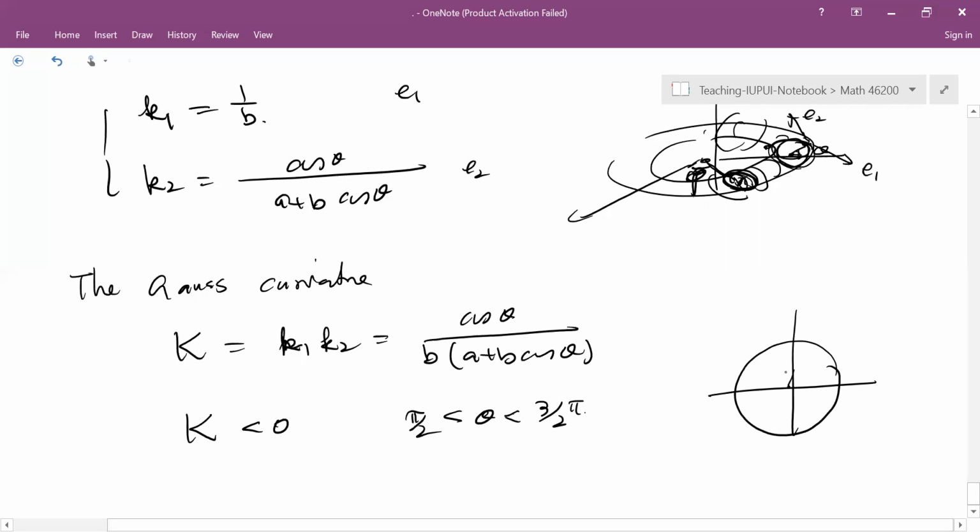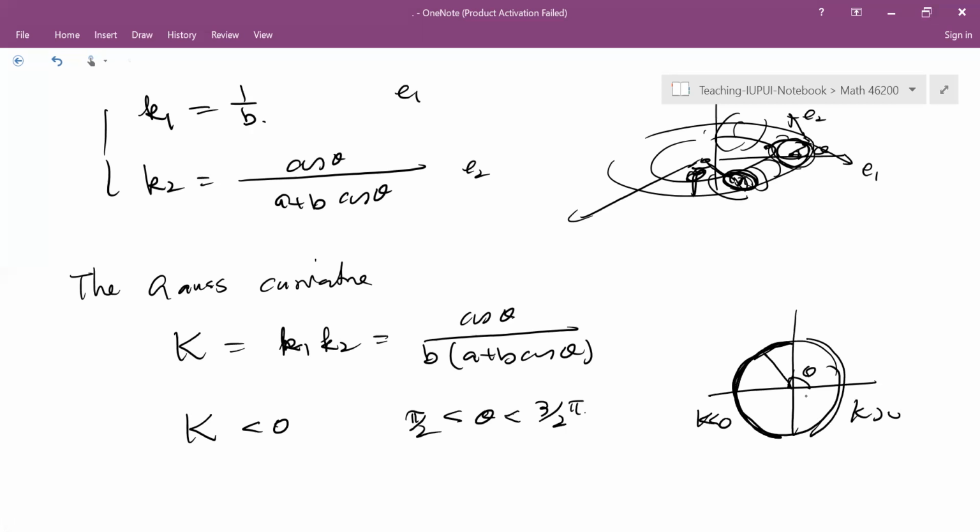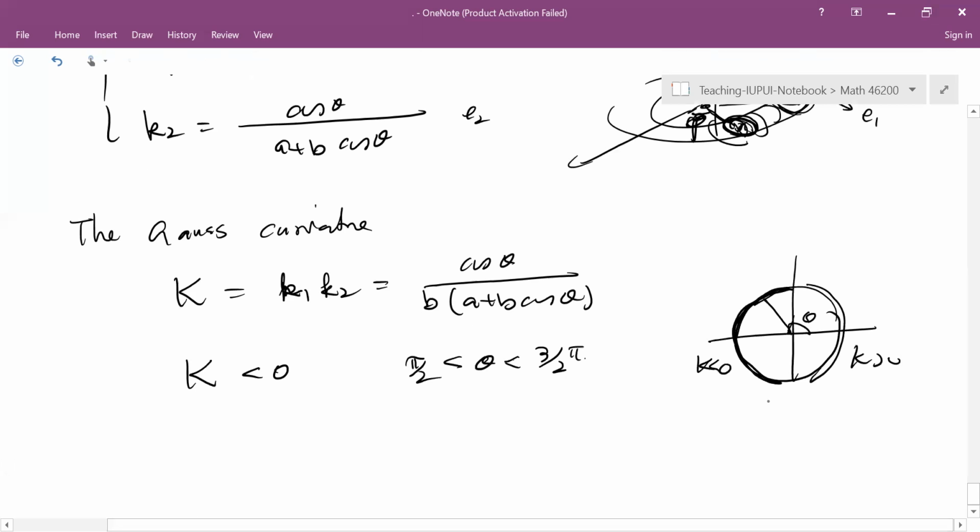Okay, so that is the circle. So this is the angle theta. Right, this is one of the cross sections. So here the curvature is negatively curved, and here the curvature is positively curved. So inside the torus, this is a cross section.